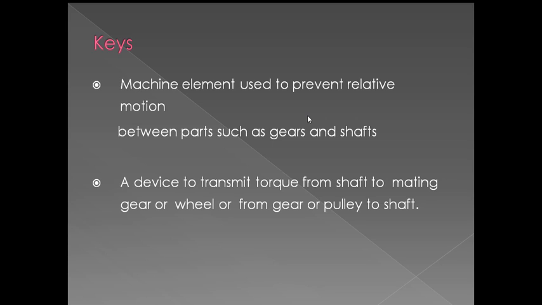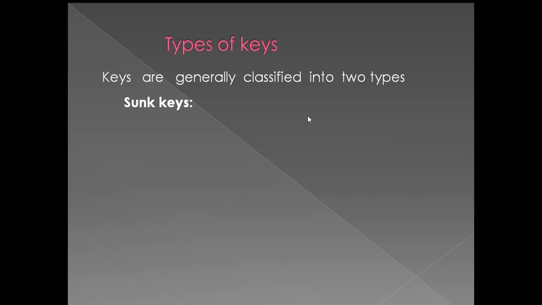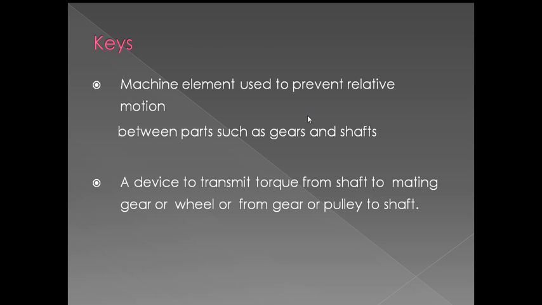A slot machined in the shaft or in the hub or both to accommodate the key is called a keyway. So how do we insert the keys?